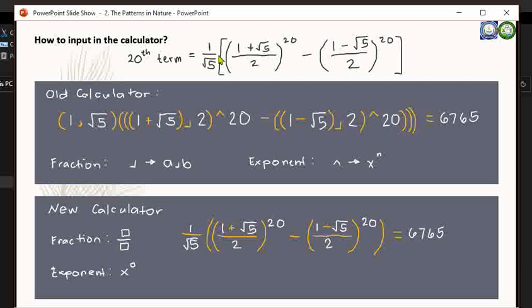Why do you need to put this inside a parenthesis? I have explained this before in Mathematics as a Language: if it's quite complicated, the calculator is very straightforward and will read it according to how you input it.